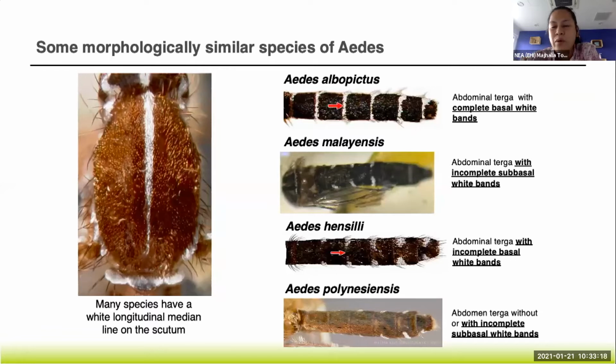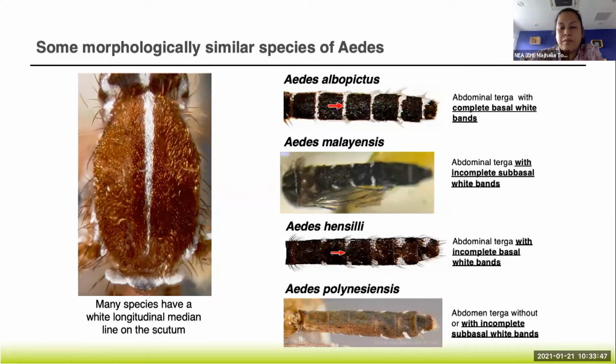Subbasal is slightly away from the line of the segment. So if you notice, all three, malayensis, hensilli, and polynesiensis, have incomplete bands, but not all three are subbasal. So hensilli has basal white bands, but malayensis and polynesiensis have subbasal white bands.